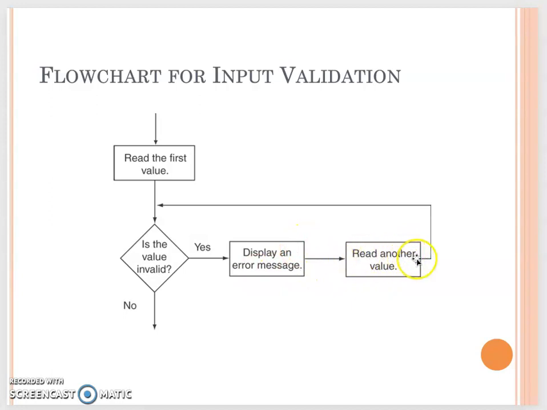After we're done, don't forget, you need to come back to the while loop condition to check if the new value is invalid or not. If it's valid, that's false, so then we go down. Otherwise, if it's invalid, we need to process the block of the while loop again.